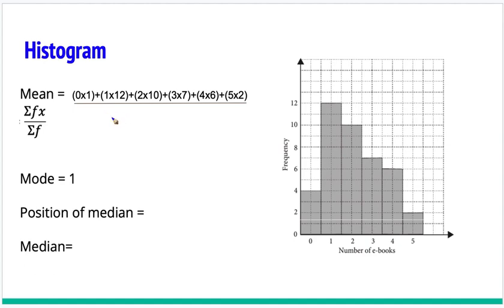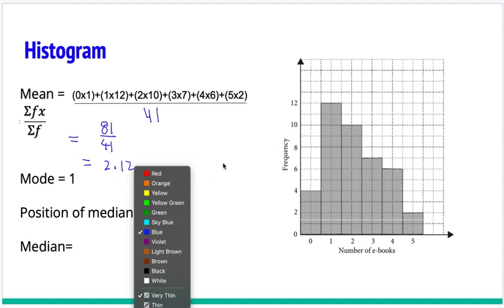And the total number of items, which is the total frequency, adding up all the heights, there are 41. And that gives us a total of 81 divided by 41, which is equal to 2.12.